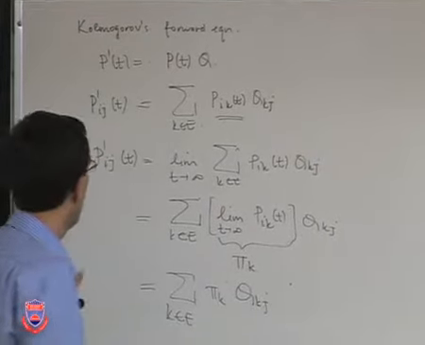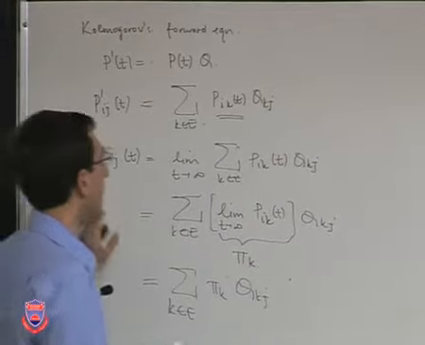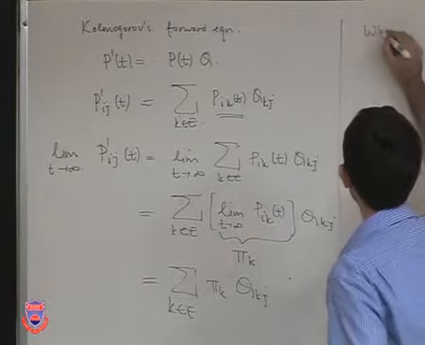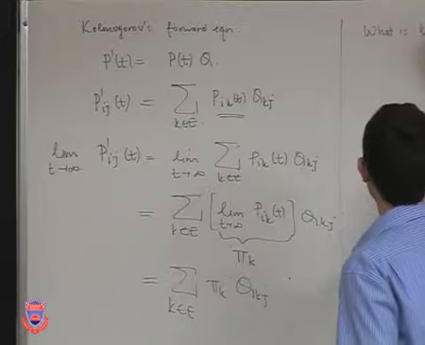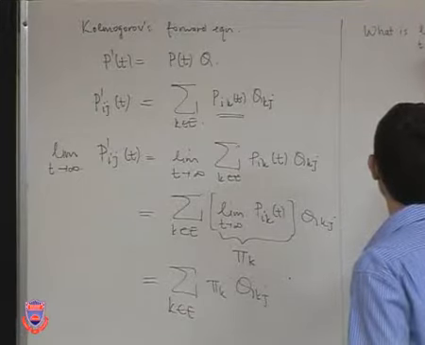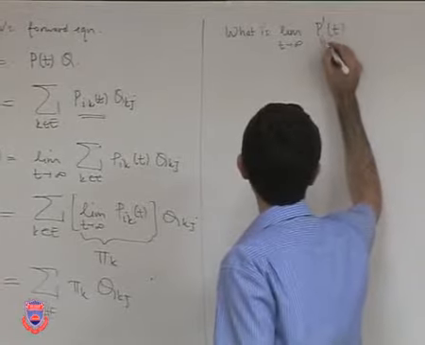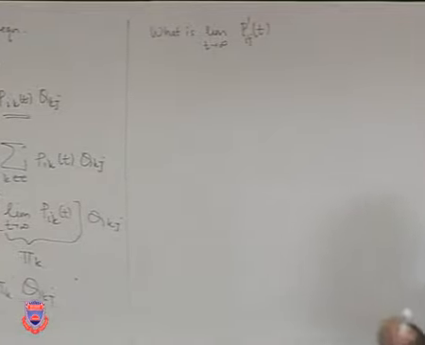Okay, like this. Now, what can we say about the value of this limit? What is the limit as t goes to infinity of the first derivative with respect to t of the transition function?